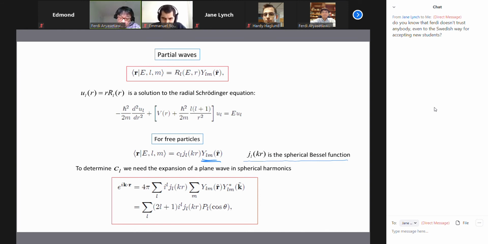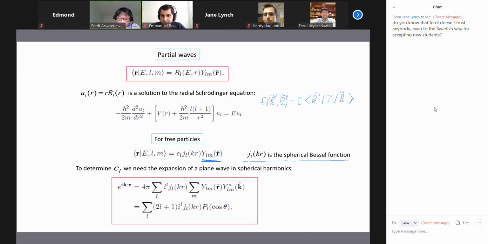And as we said before, we want to compute the scattering amplitude, and that is given by some constant times the matrix element between k prime and k.